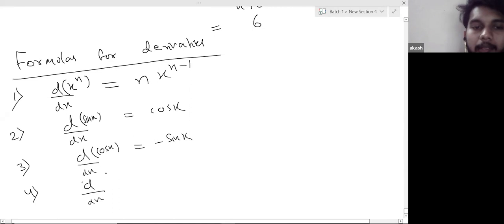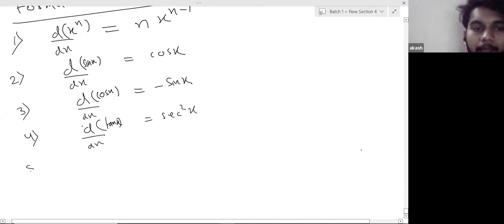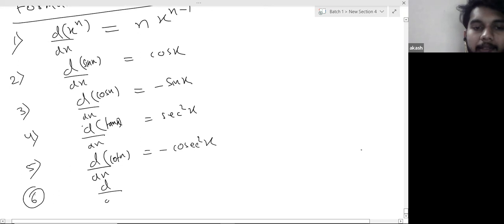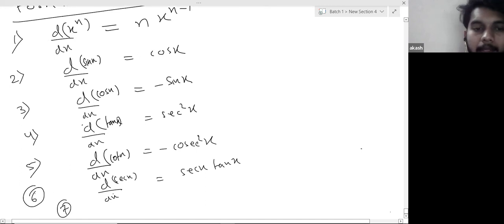Differentiation of tan x is secant square x. Differentiation of cot x is minus cosec square x. Differentiation of sec x is sec x into tan x. Differentiation of cosec x is equal to minus cosec x into cot x.